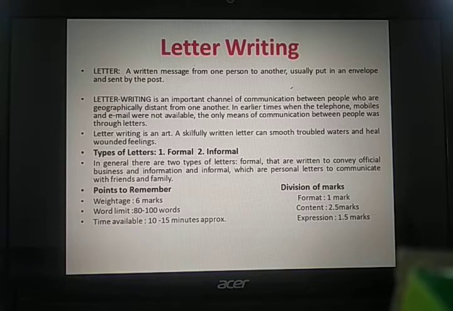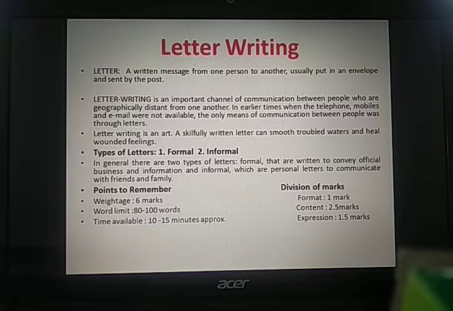Geographically distant means people who are staying very far from a person. For example, a person staying in HP, Himachal Pradesh, is trying to send his message to a person staying in Delhi, or in Mumbai, or in some other country. That is why it is written that it's a channel of communication between people who are geographically distant from one another.